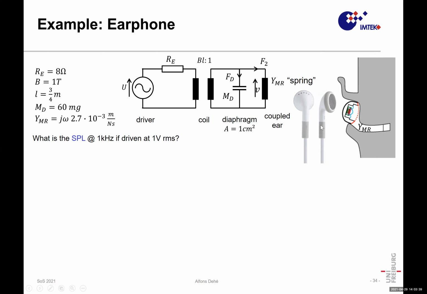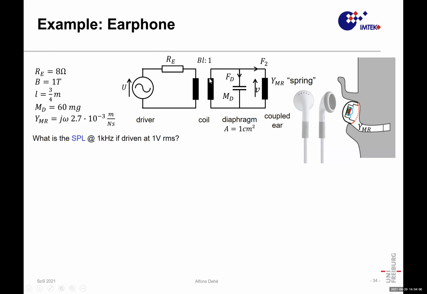Headsets are very popular nowadays, and this is a description of an electrical element on the left-hand side with a voltage driving a coil. This is now the coil of this speaker with an inner impedance or loss, 8 ohms typically. You drive it with maybe something like 1 volt RMS.